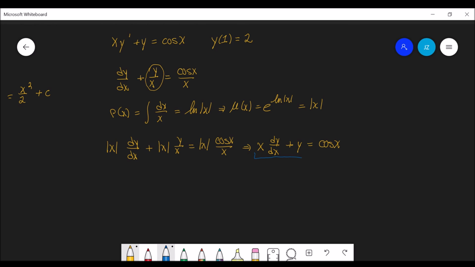Once again, we have a product rule. So we get d/dx of x times y is equal to cosine of x. And so x times y has to be the antiderivative of cosine of x, which is sine of x.